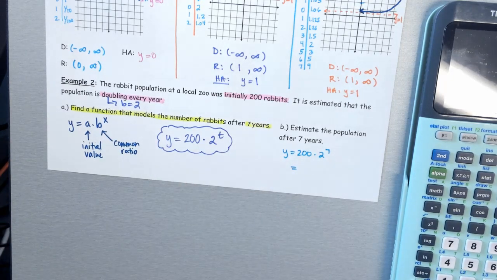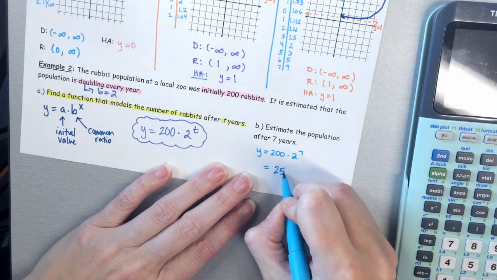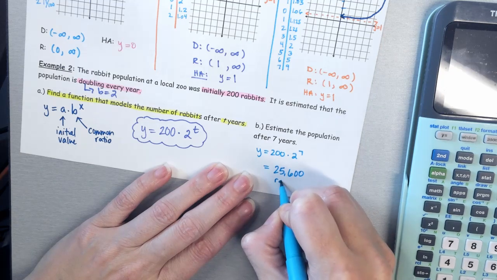And then we'll just label it with the units. All right, how many rabbits are running around? 25,600 rabbits.